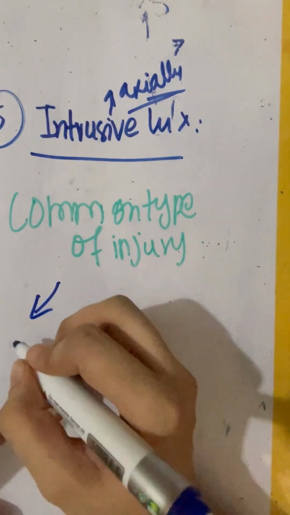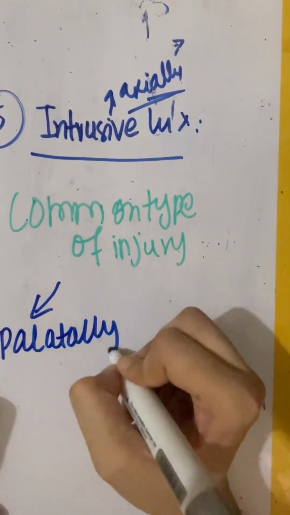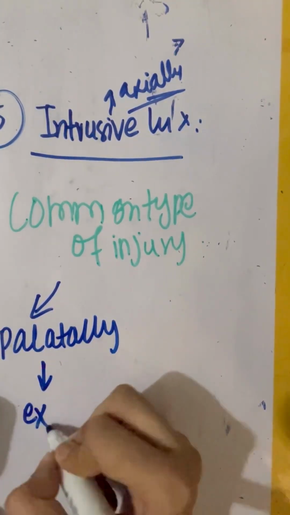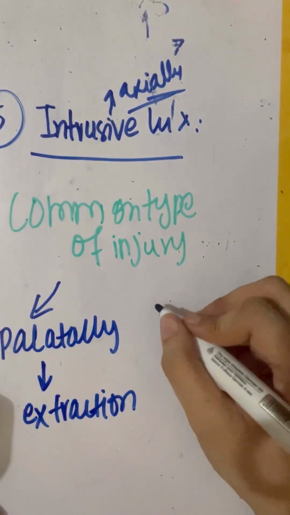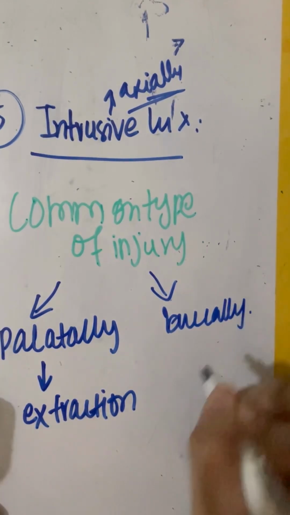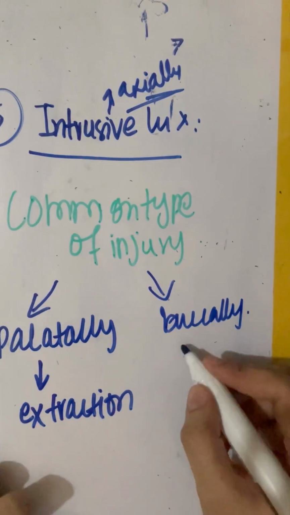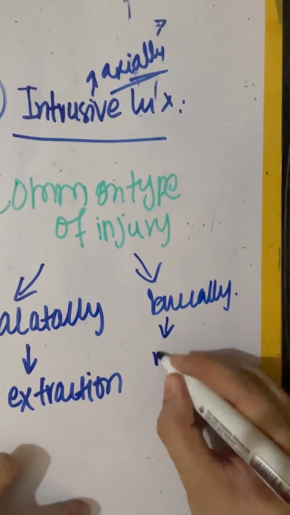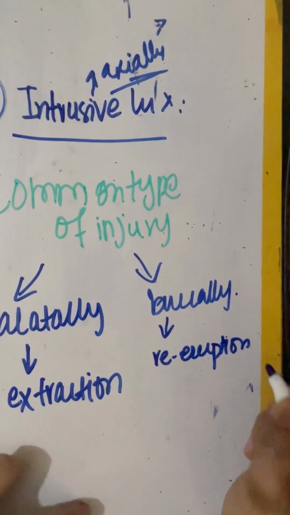So if the root is going palatally, there will be extraction of the tooth. But if the root is going buccally, then there are chances of re-eruption, that the tooth will come into occlusion again.